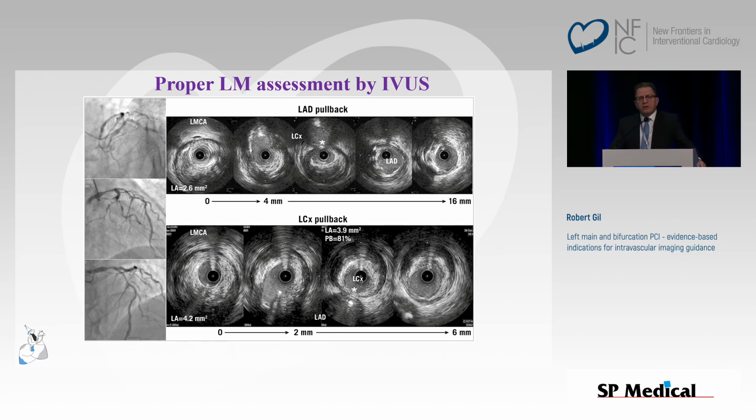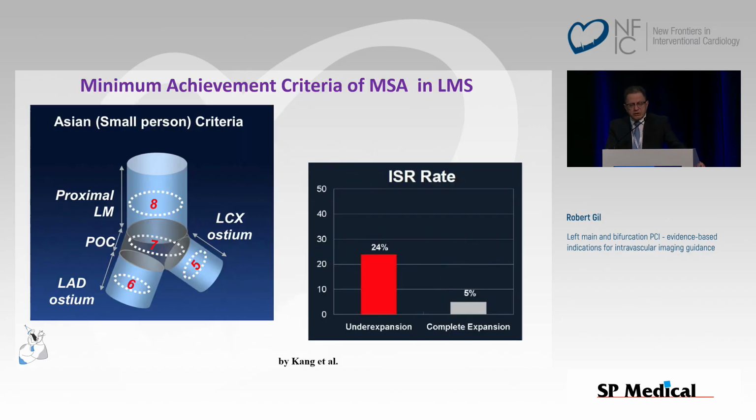Then, just to avoid some jumps and assess the linearity and axial visualization, taking into account the fact that the bifurcation is a three-dimensional structure which consists of 3 parts, we should remember that these Kang criteria 5, 6, 7, 8 are important.